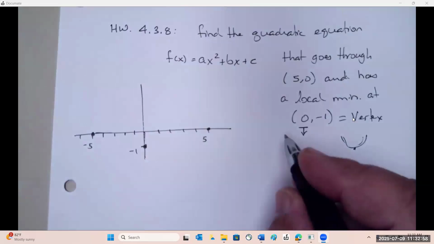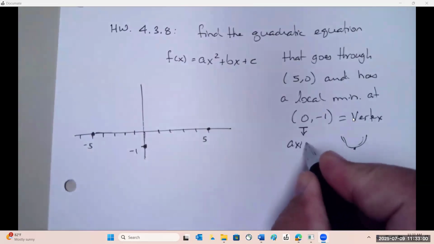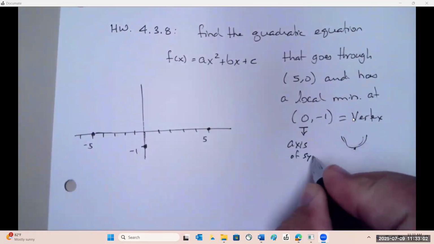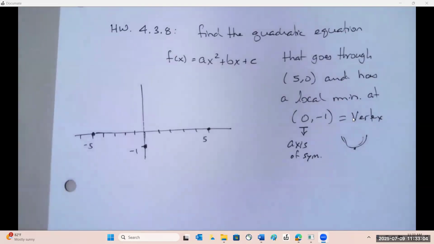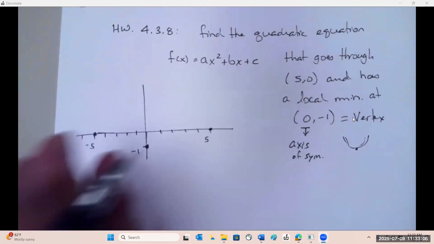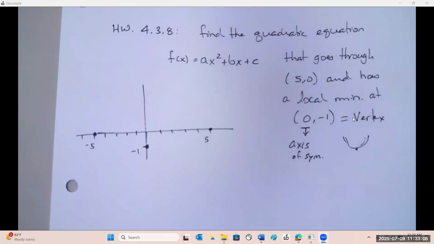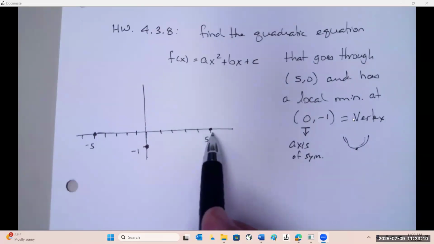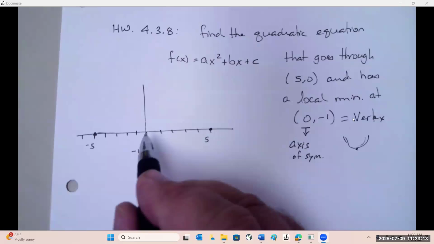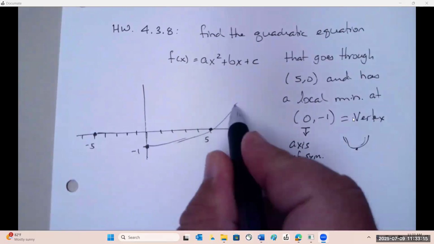Axis of symmetry, right? Very good. Which means it has to be a mirror image. Since that's an x-intercept and this is the local min, we have to have a graph that looks like this.